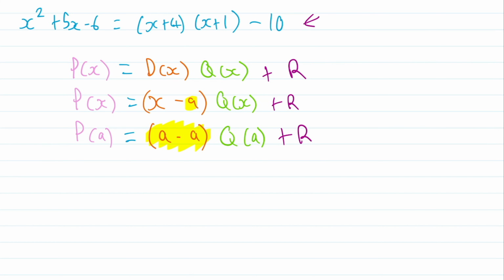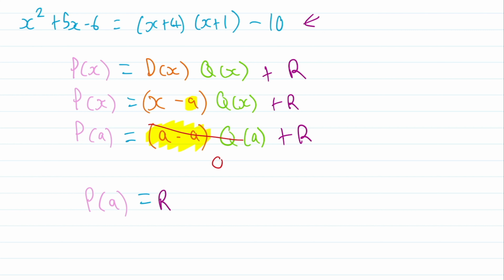So if I have p of a is equal to a minus a times q of a plus r, well, all of this part here is simply just going to equal 0, because 0 times any number gives 0. So what I'm left with is my polynomial, if I substitute in a instead of x, is going to be equal to my remainder. This is my remainder theorem.